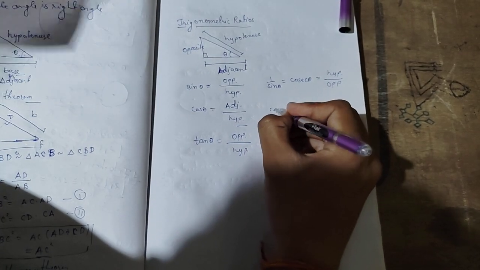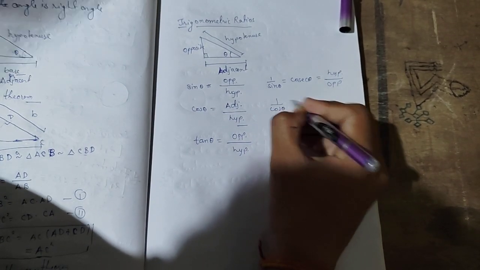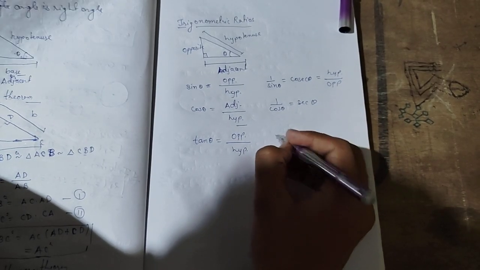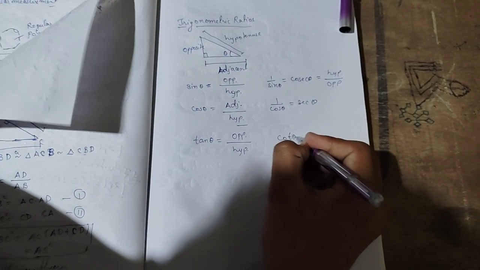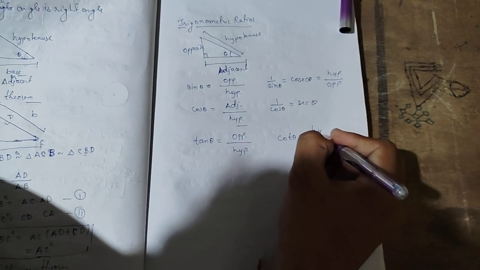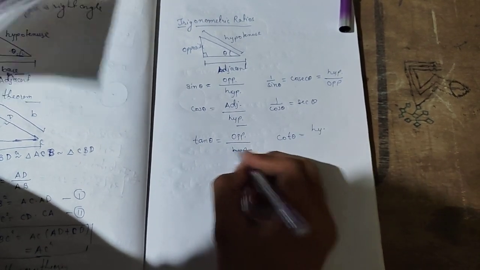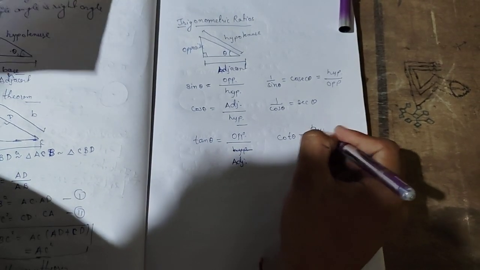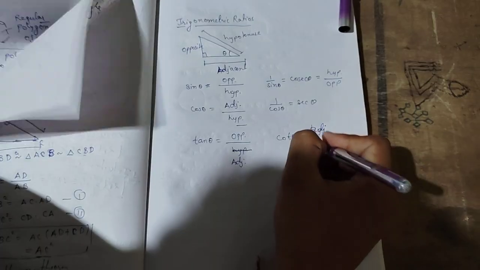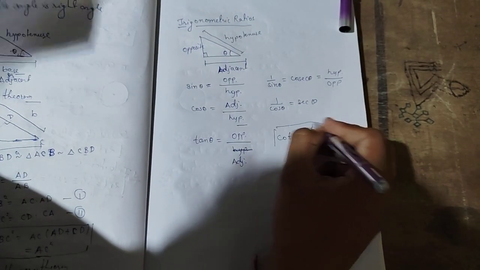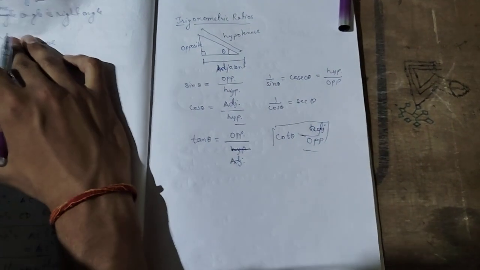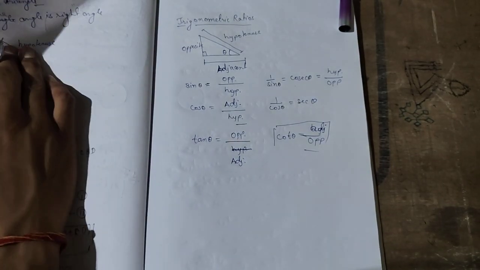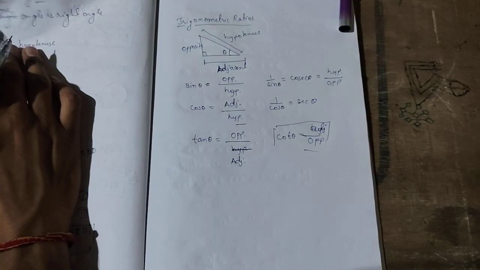And 1 by cos theta is sec theta, and cot theta is defined as adjacent over opposite. So that's the trigonometric ratios we have just seen.